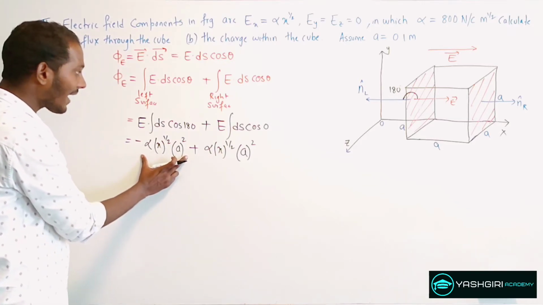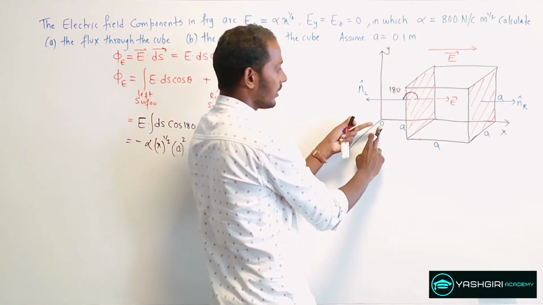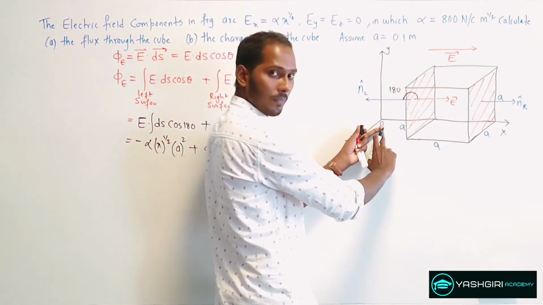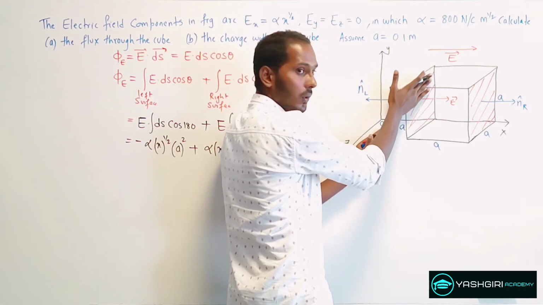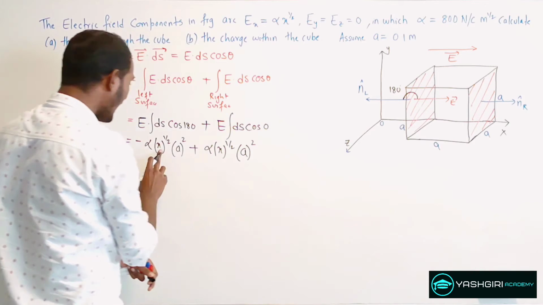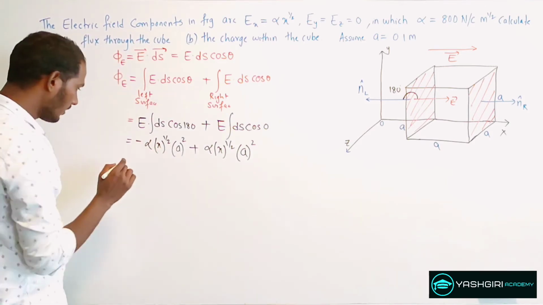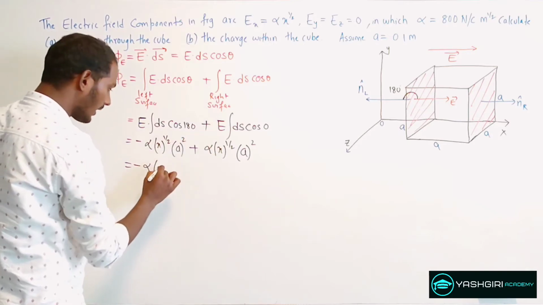Now this is for the left surface, right? And we have chosen a coordinate system over here which starts from the origin O, and the distance at which this face is, I can just take from 0 to a. So here this x I'll be replacing by a. So I can just write it again as minus alpha. x is how much? a.